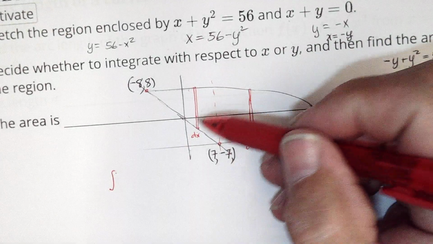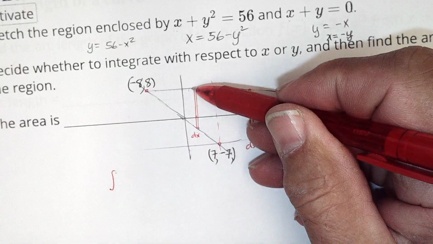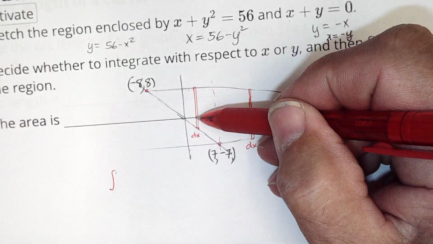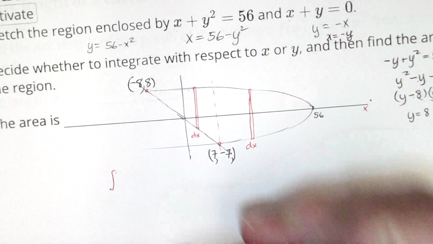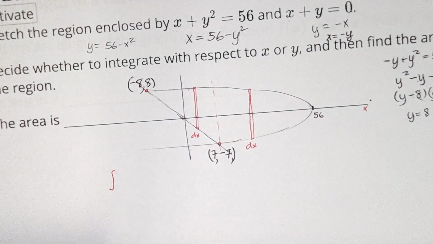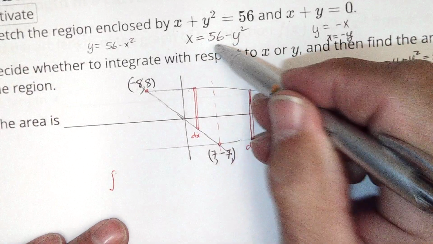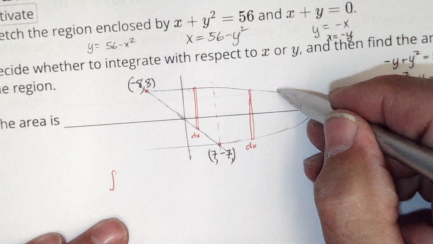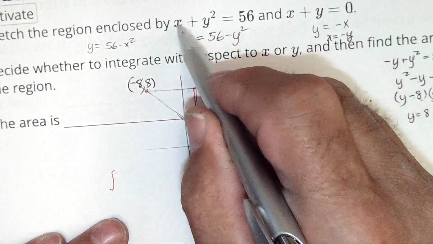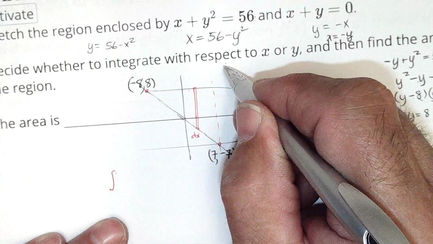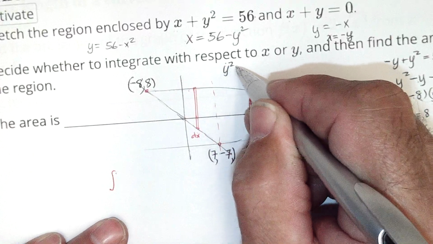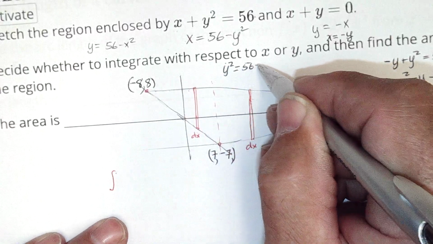Now, I need the total length in here, so I'm going to go to this curve. If I solve for y in this, I would subtract the x and have y squared equals 56 minus x.